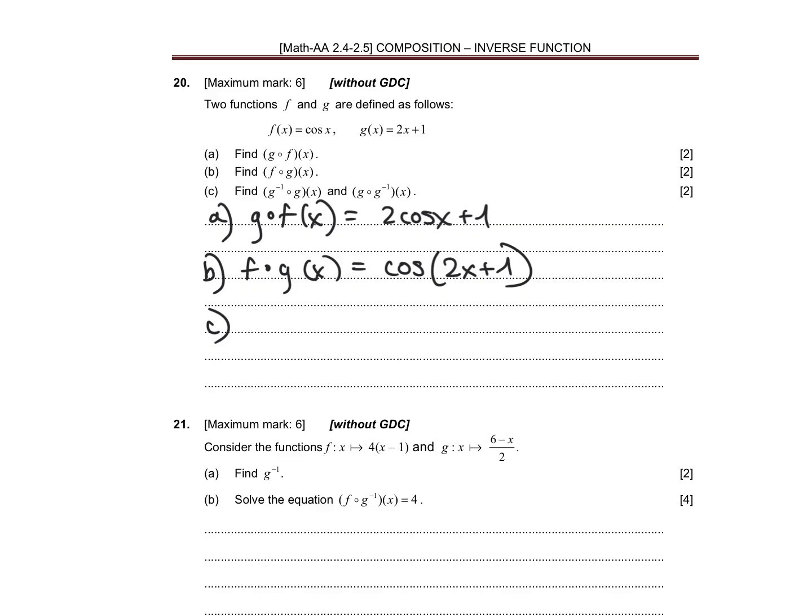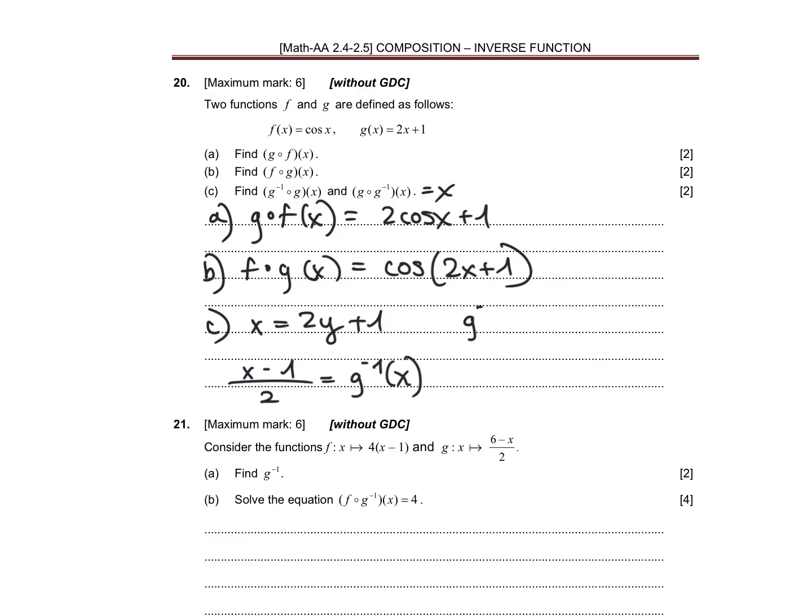So these both should be x, and I see 2 marks, so I wouldn't really go further than that. But if we were to show this and find the inverse of g, so we're going to have x minus 1 over 2. That's the inverse function.